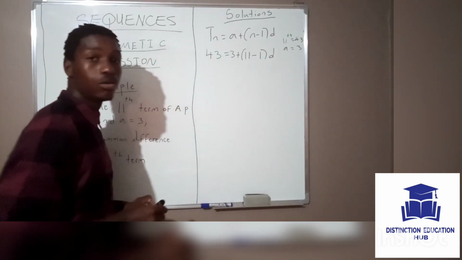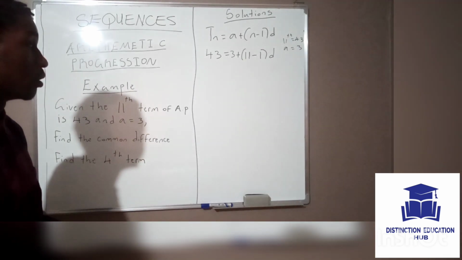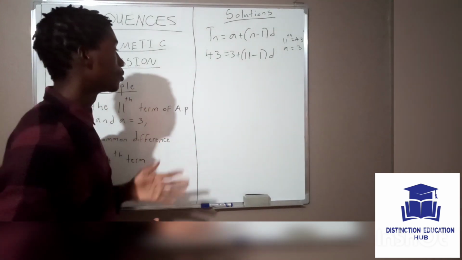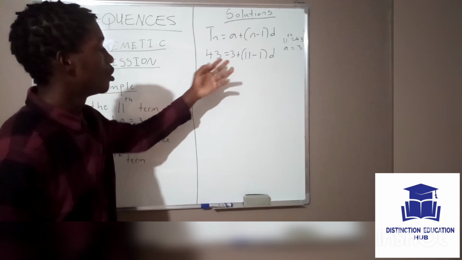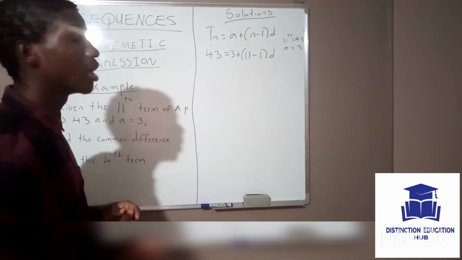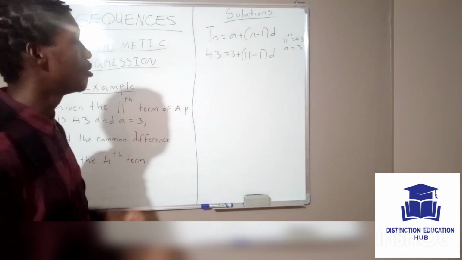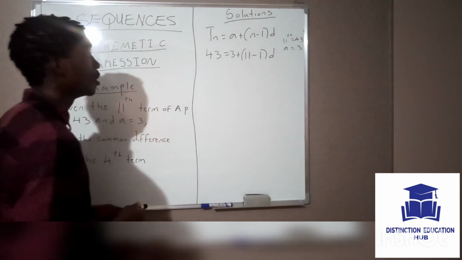Then you continue with your calculations. You can start by taking the 3 to the other side of the equal sign. When the 3 crosses the equal sign, it becomes negative.